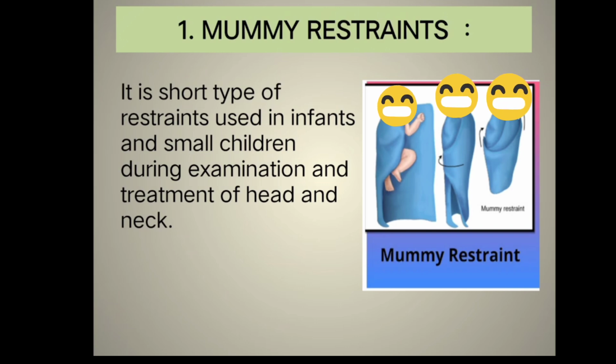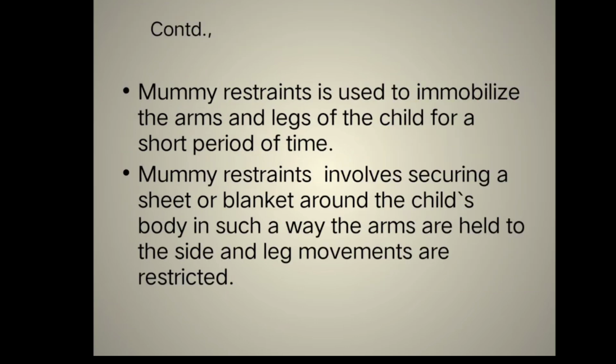When the baby is moving their extremities, it is very difficult for the healthcare personnel to do the examination of the head and neck. In the head and neck, what we will assess is suture, fontanelles, head circumference, etc. The mummy restraint is used to immobilize the arms and legs of the child for a short period of time. It involves securing a sheet or blanket around the child's body in such a way that the arms are held to the side and leg movements are restricted.